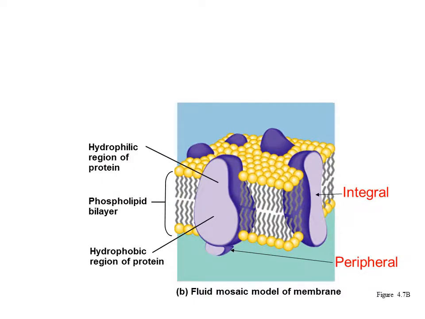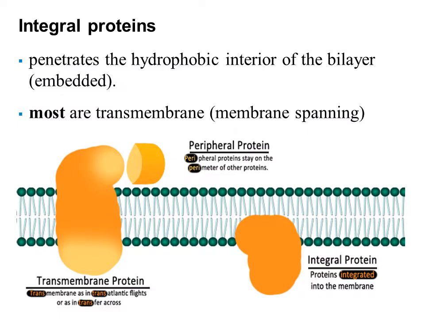Now we're going to talk about integral proteins versus peripheral proteins. The integral proteins are membrane spanning and the peripheral are not. They're just going to be located on one side. The integral protein penetrates the hydrophobic interior of the bilayer.